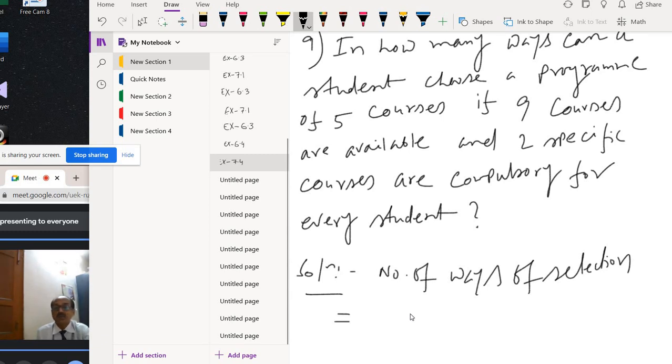Total 9 courses, 2 compulsory, so 9 minus 2 is 7. So it will be 7C3.